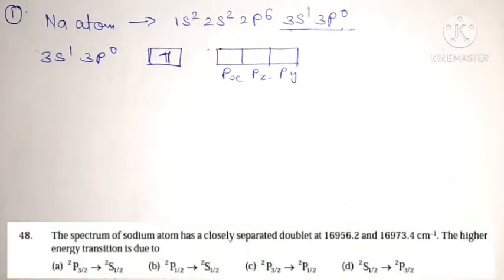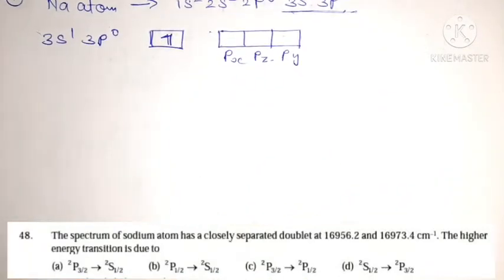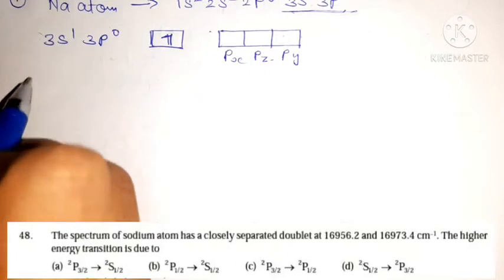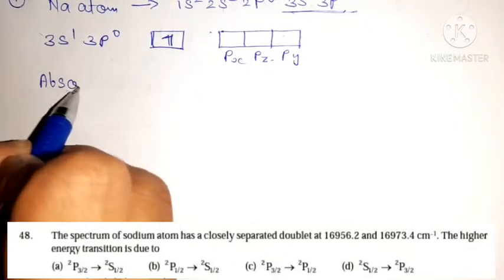Now friends, first of all, when we talk about types of spectrum, generally we have two types of atomic spectrum, that is absorption spectrum and emission spectrum.